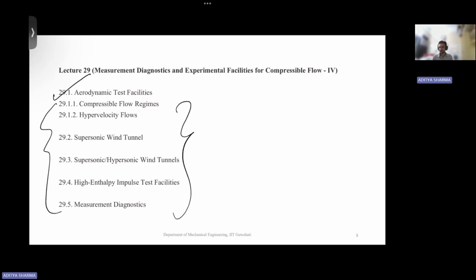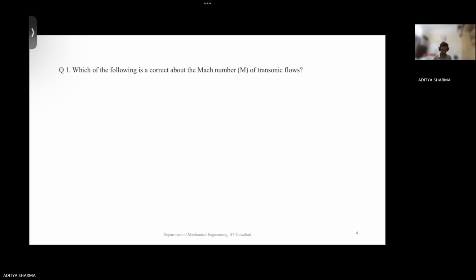Okay, so let's continue with the session. So first question says that, please read the question. So this is about transonic flows.